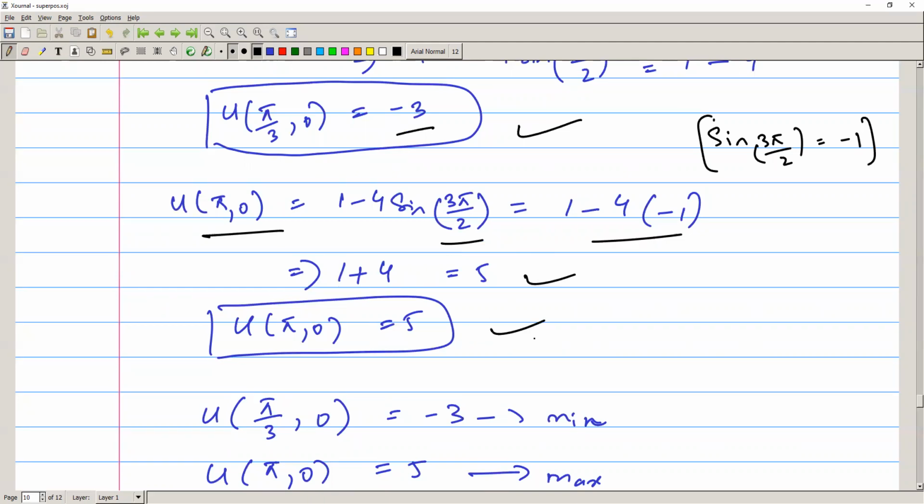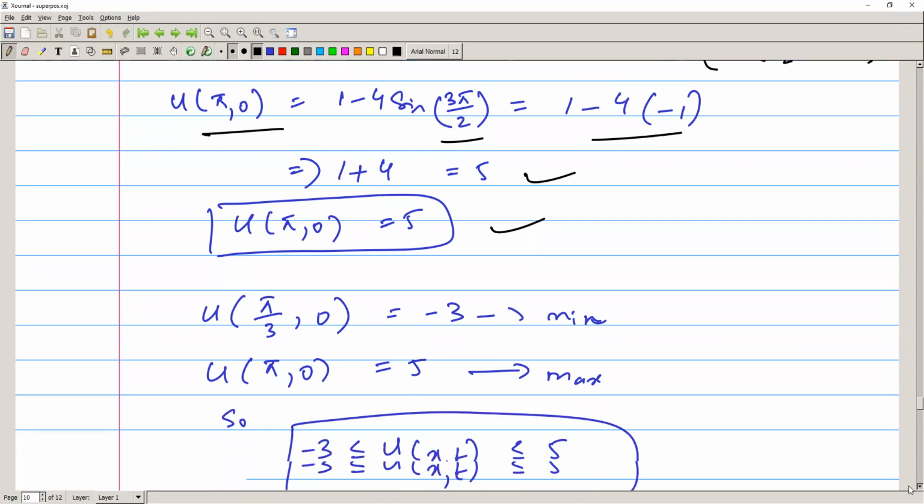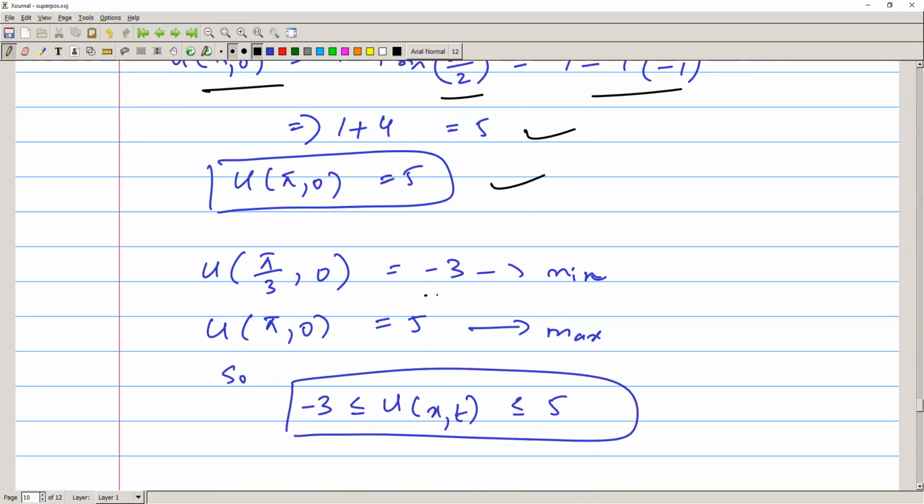So we got two values: u of pi over 3 comma 0 is negative 3, and u of pi comma 0 is 5, right? So now we can see that this is the minimum, negative 3, and this is the maximum value. So we can say that the solution will be in the range of negative 3 and 5, right?